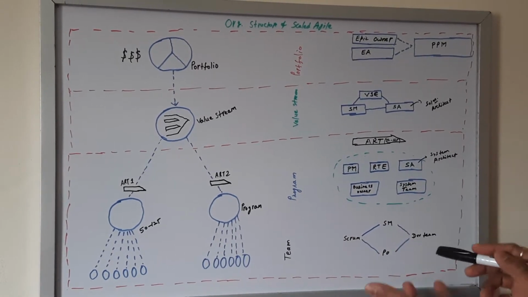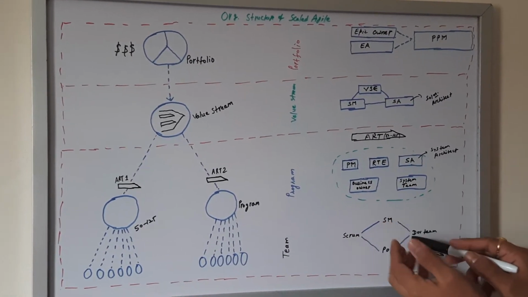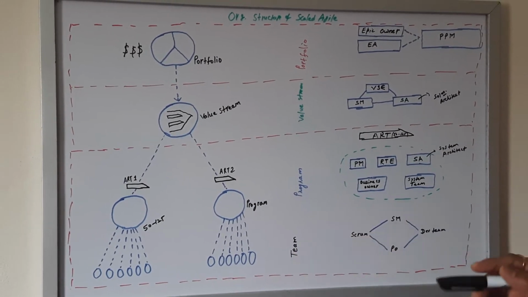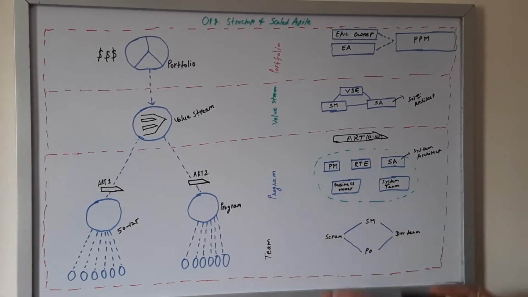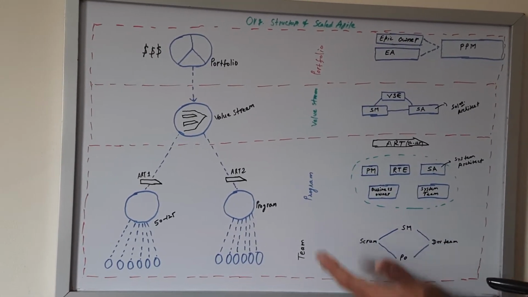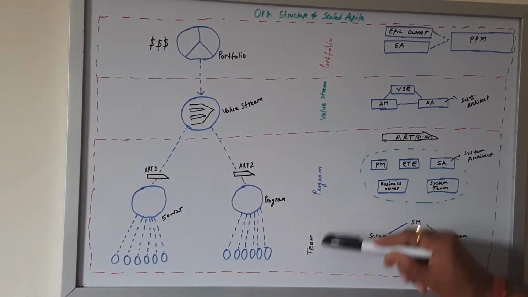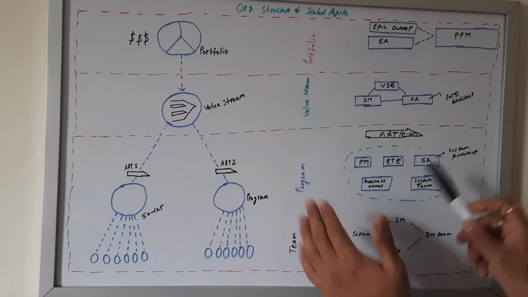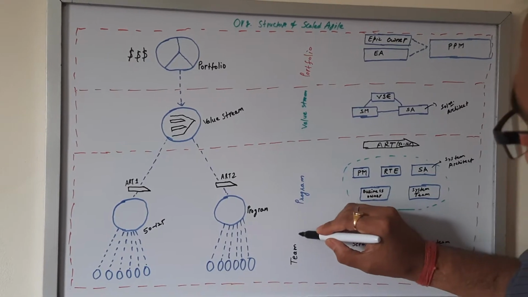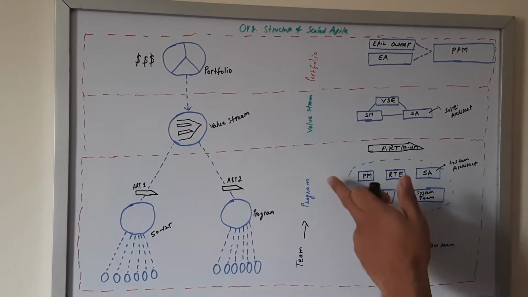Again, we have a Scrum master and a development team. When your team size increases to more than 50 or 100 people, to align those teams we scale up from the team level to the program level. Here we are scaling from team to program.